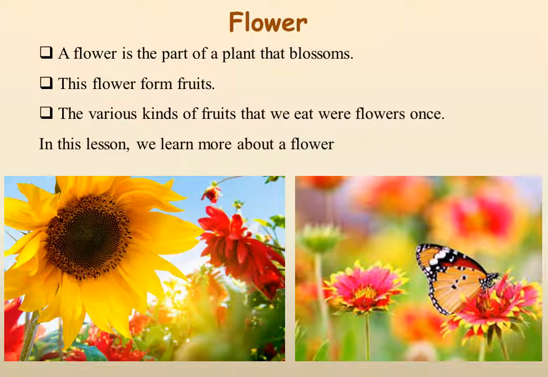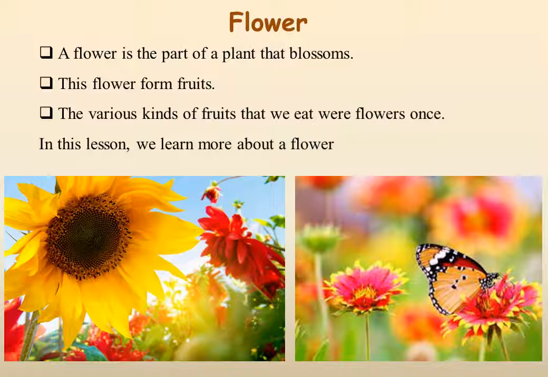First of all, let's see what a flower is. There are two beautiful flowers given in the slide. You can see a sunflower and a butterfly sucking the nectar or honey from a flower. Now let's see what a flower is. A flower is the part of a plant that blossoms.